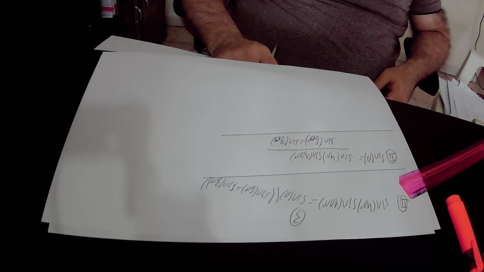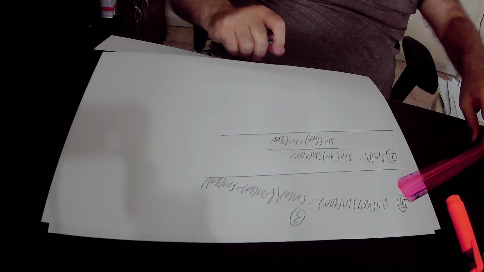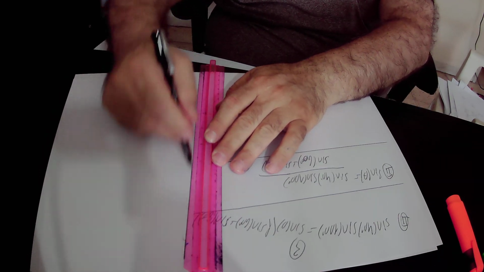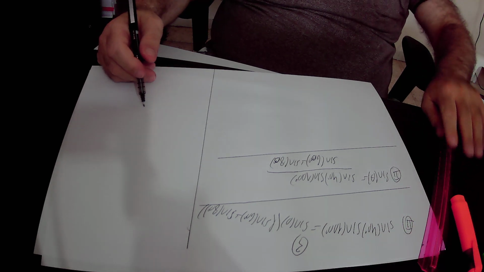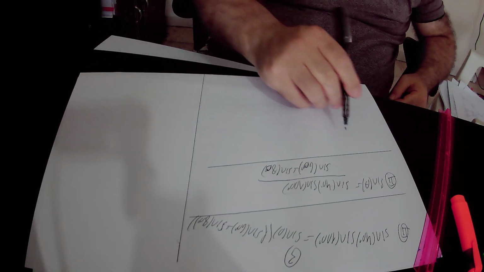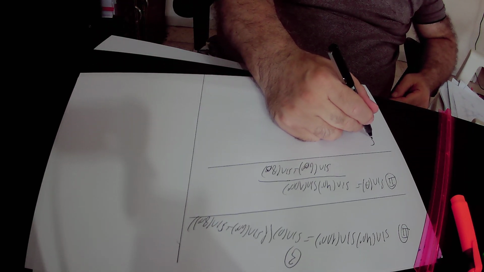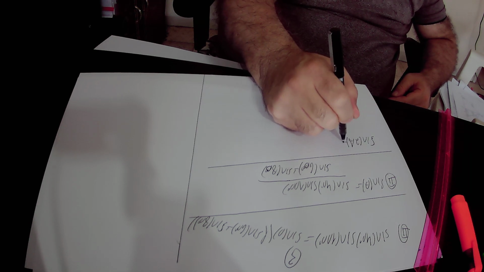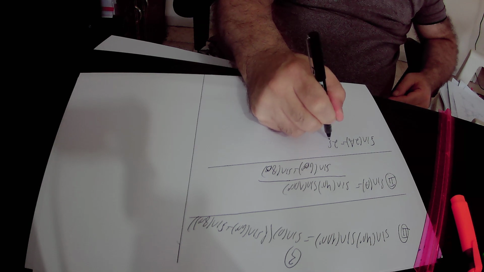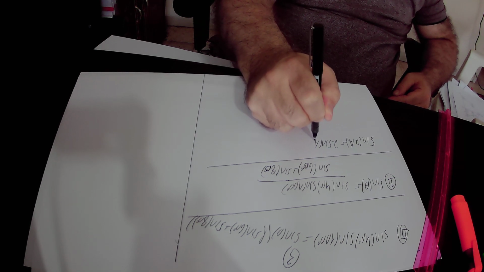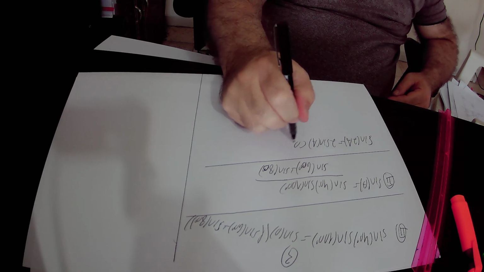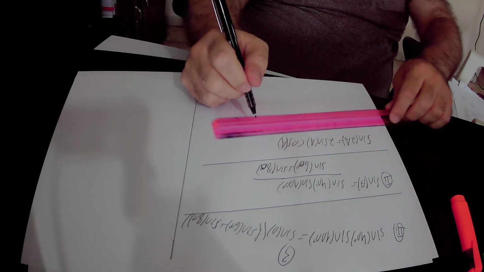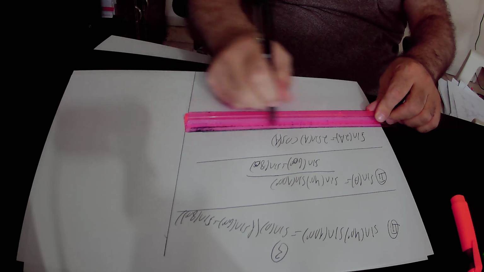Actually, we have the trigonometric identity that sinus 2a equals to 2 times sinus a times cosine a. We use this trigonometric identity for sinus 40 degrees.